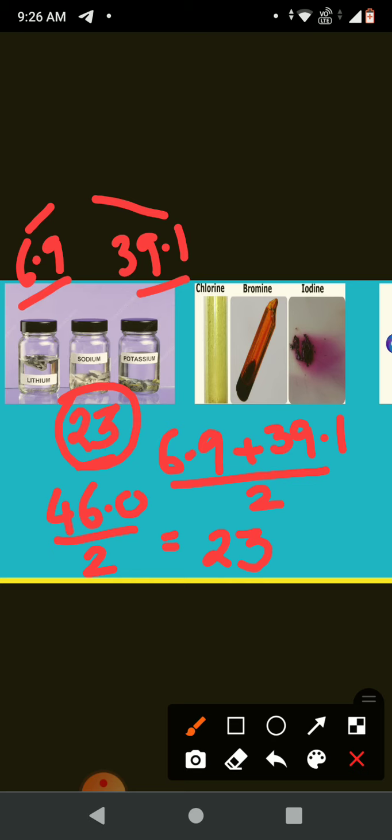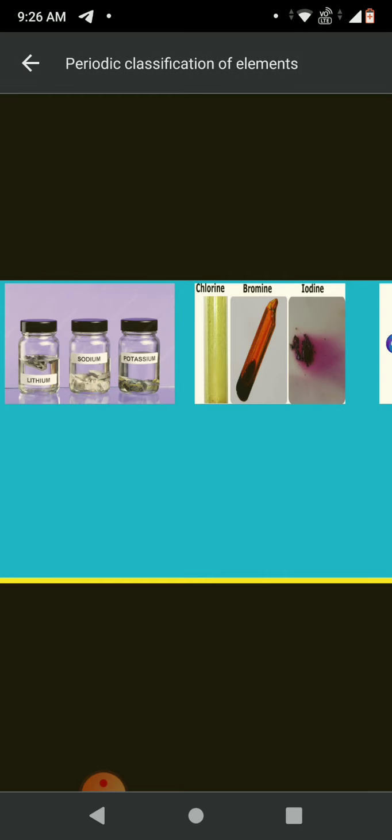So the mean of the first and third element is 23, and 23 is the atomic mass of the middle element. So this classification was done by Dobereiner.